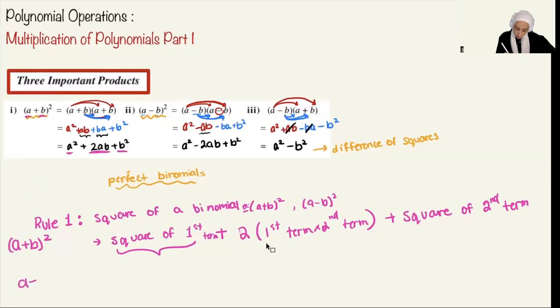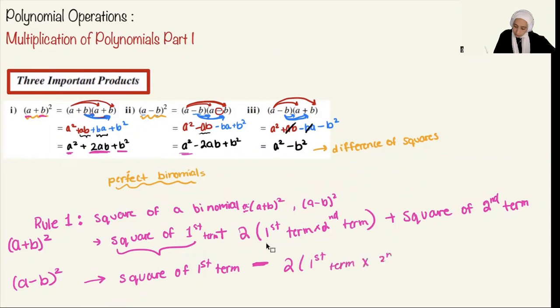And when I do the subtraction, it's pretty much the same, right? When I do the square of a difference of variables, I get the same thing. So I get the square of the first term, a squared, minus, the only difference is the subtraction over here, minus 2 times the first term multiplied by the second term.